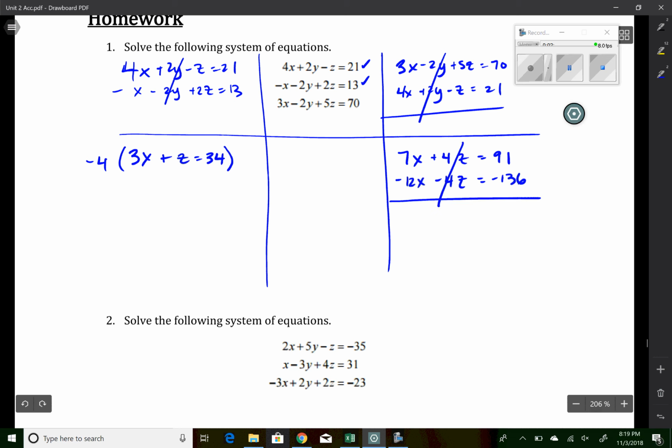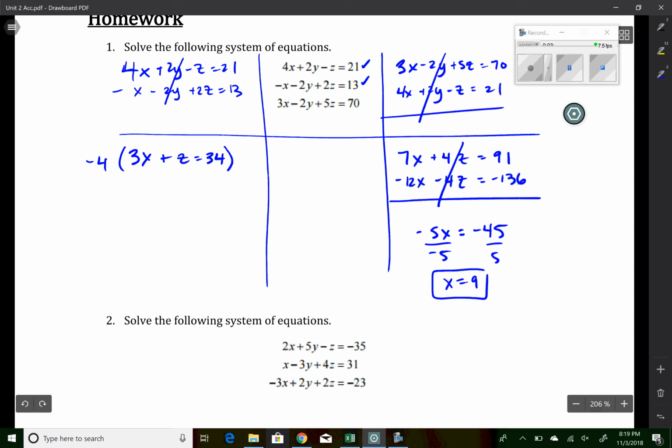These cancel. So that leaves us with negative 5x is equal to whatever that adds up to. So 36 and negative 45. Divide by negative 5, and I get x is equal to 9.